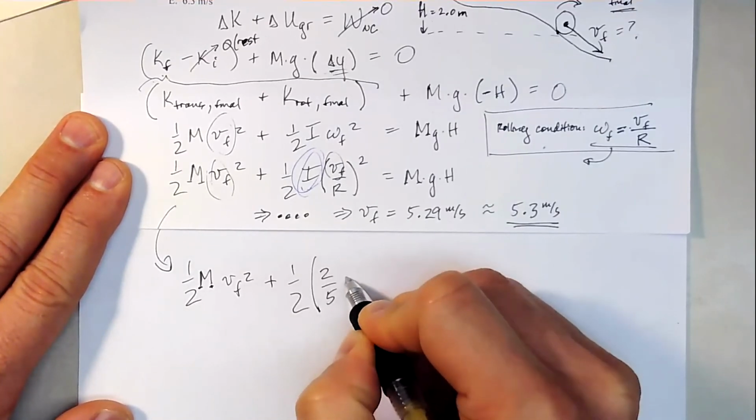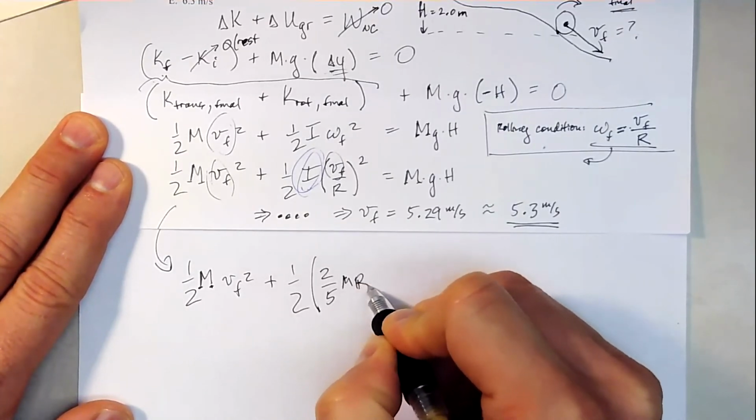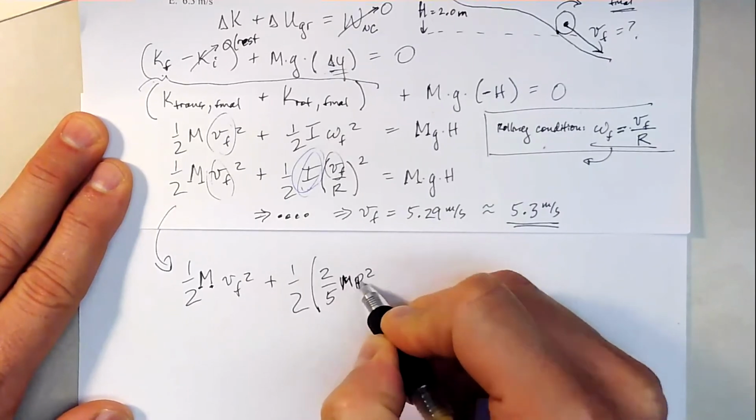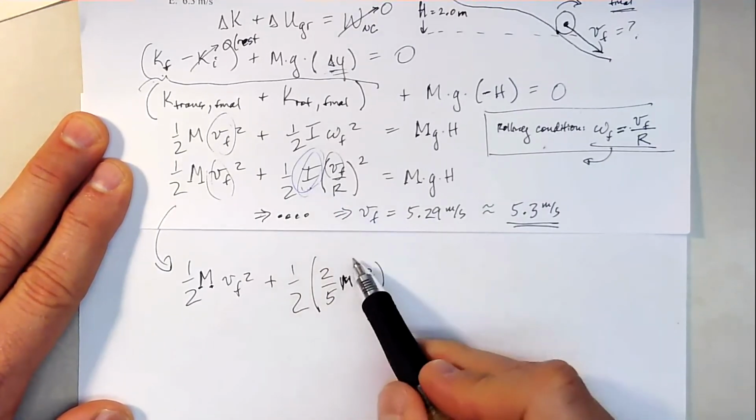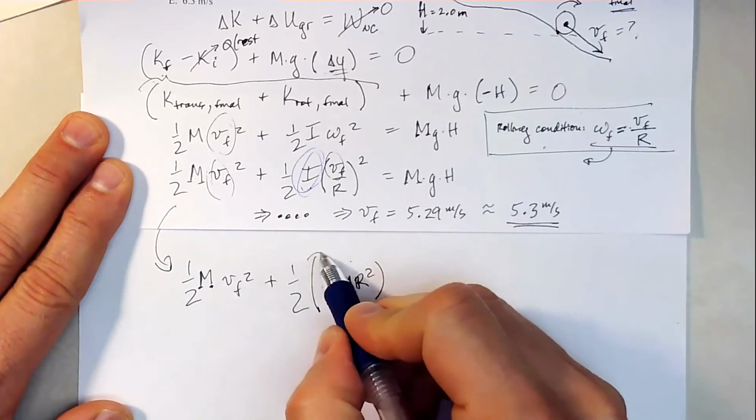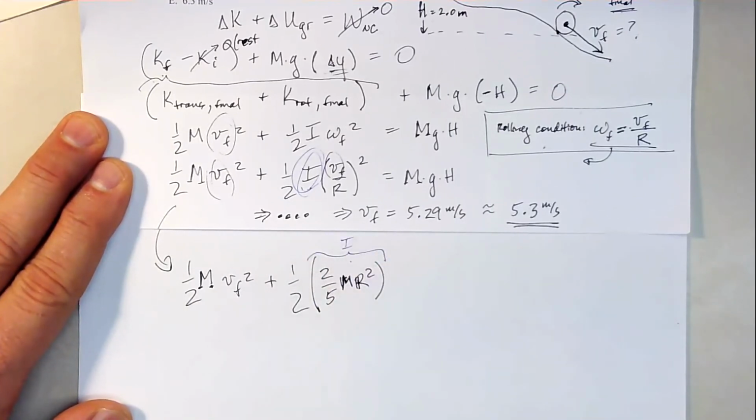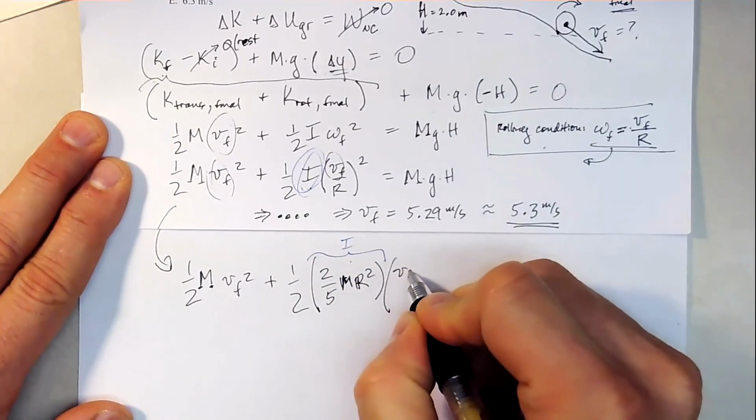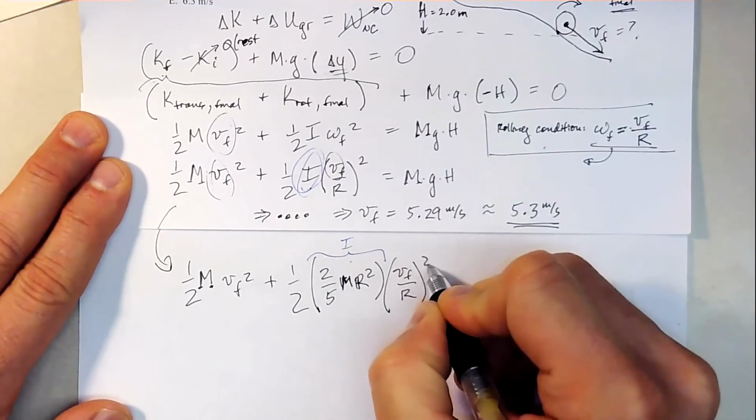Initially, it'll look a little more complicated, but believe me, a lot of things are going to cancel. So this is the value for I right here, okay? So once again, this is I. And this was omega from the rolling condition.